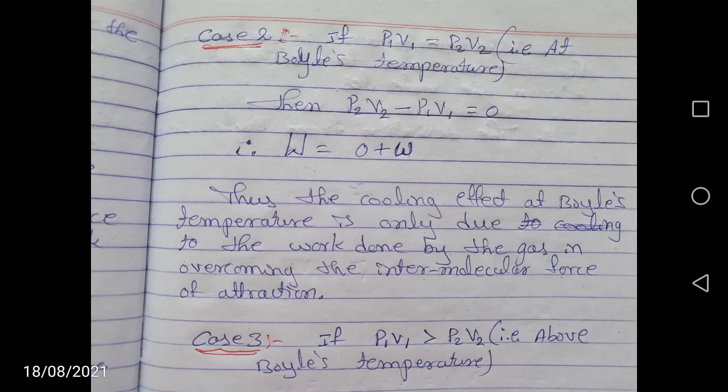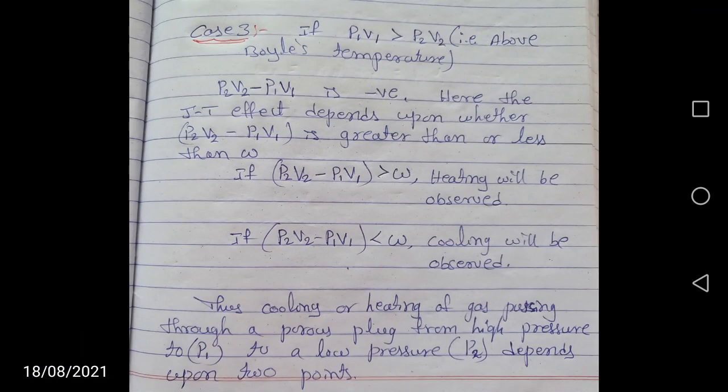that is, the product of P1 and V1 equal to P2 V2, the high pressure region and the low pressure region. Then the third case is if P1 V1 is greater than P2 V2, then P2 V2 minus P1 V1 is negative. The difference between those two is negative.